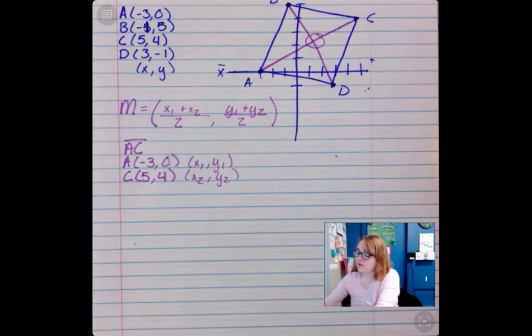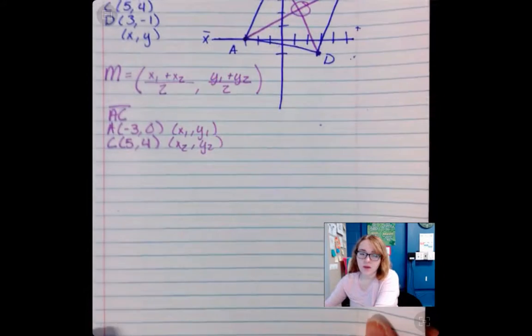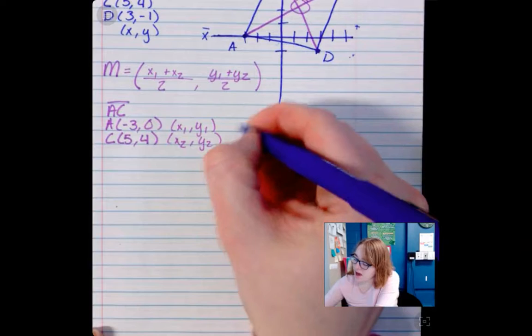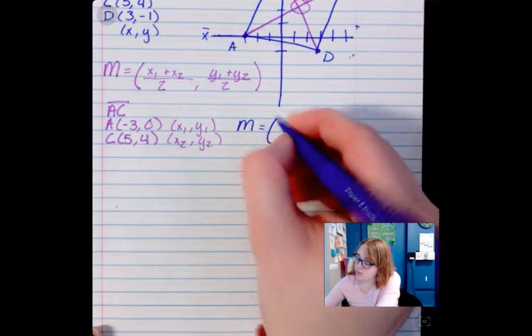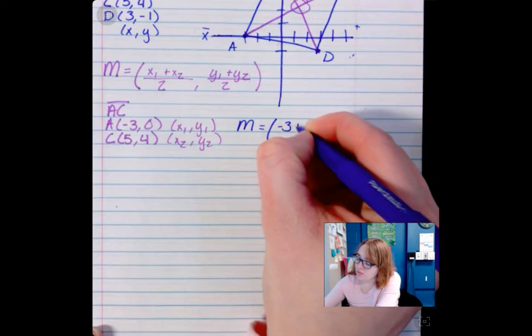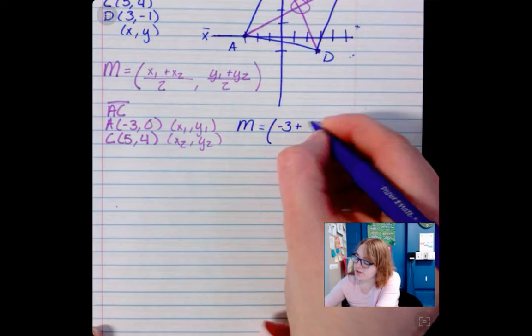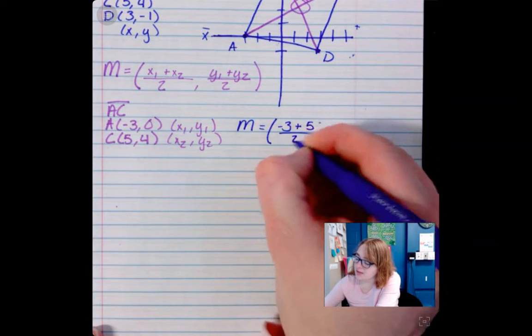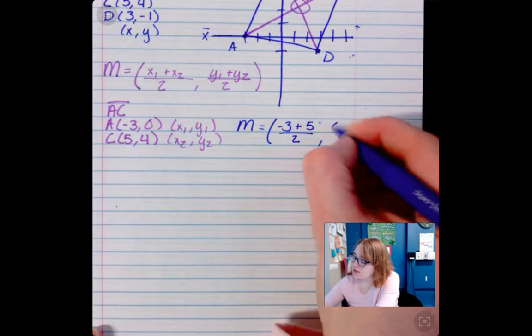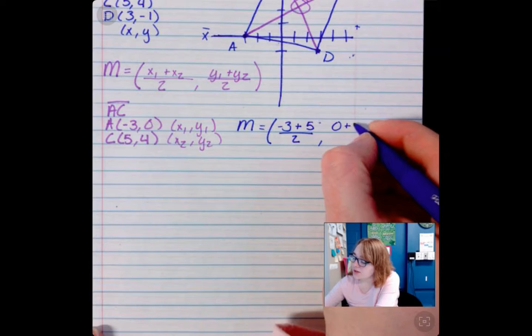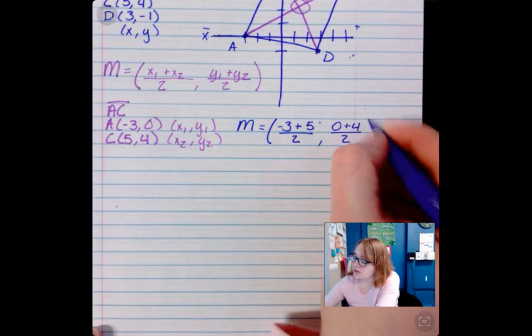So we have capital M for midpoint is equal to our x1 is -3 plus our x2 is 5 divided by 2. And then our y1, my apologies, is 0 plus our y2 is 4 divided by 2.